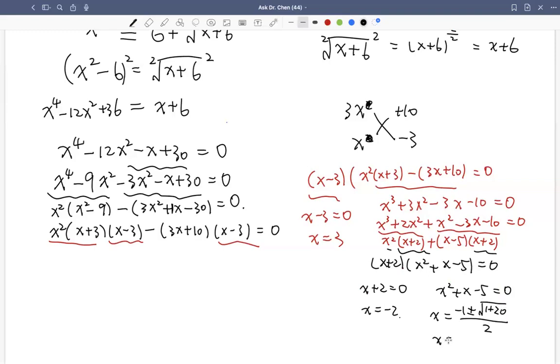Simplified, that gives us negative one half plus or minus square root of 21 over 2.